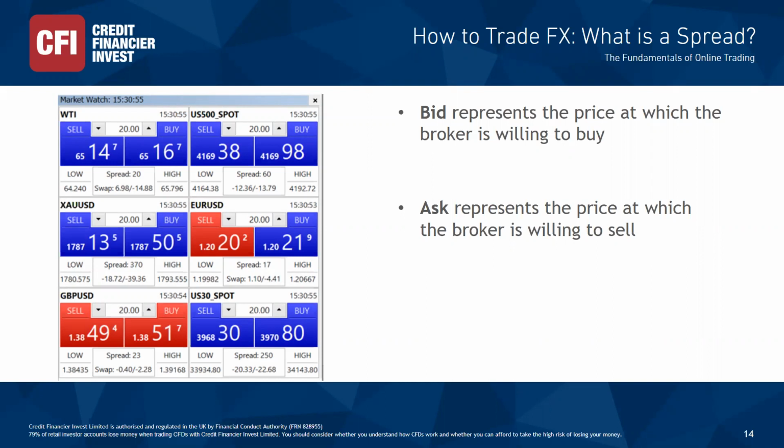So that would be 17 points. If you want to calculate that in pips, all you have to do is move a zero to the left. So it would be 1.7 pips. So if you are looking to trade one standard contract of the euro versus US dollar, the cost of the particular trade, if it's only spread and no commission, would be $17.